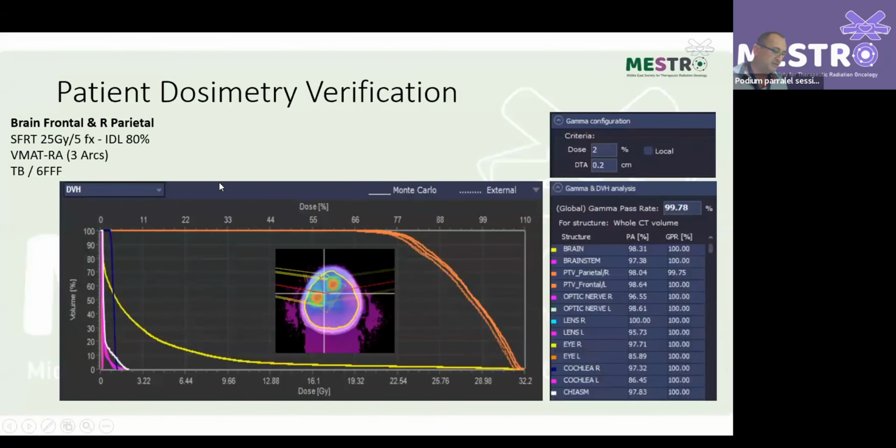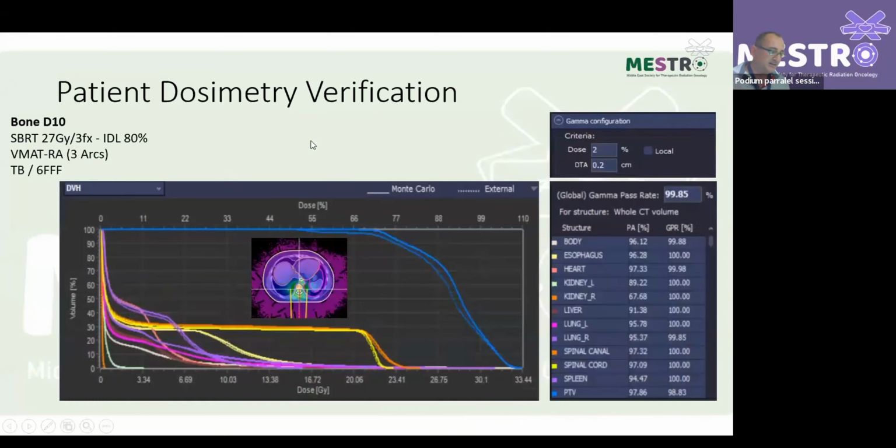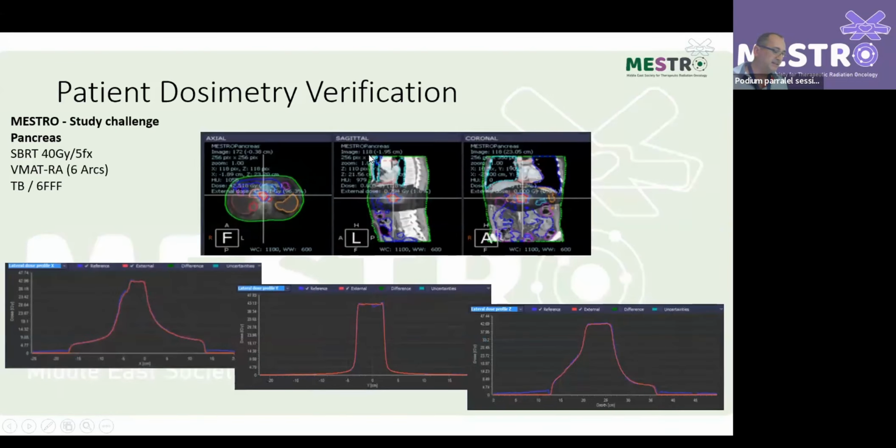The DVH also is shown here. I get 99.78 for 2%, 2 millimeters. For SBRT bone D10, as before, as you can see, gamma index 99. The DVH also 99.85. And the last case, I take the case provided by ESTRO for study challenge.